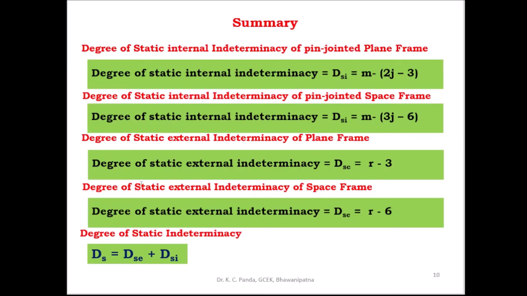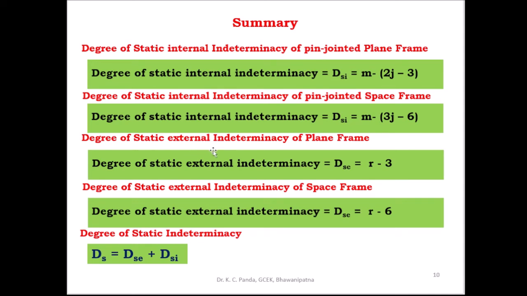So this is the summary. The degree of static internal indeterminacy of a pin jointed plane frame can be found out using this equation: DSI is equal to M minus (2J minus 3). And for the pin jointed space frame, you can find it out using this equation: DSI is equal to M minus (3J minus 6).